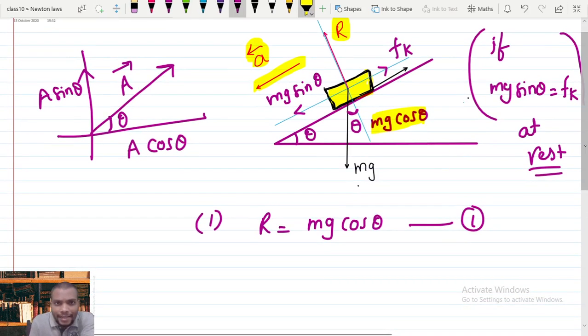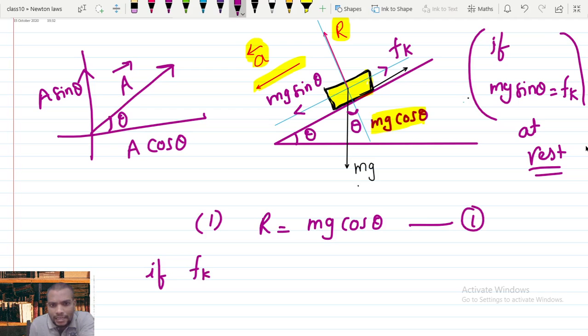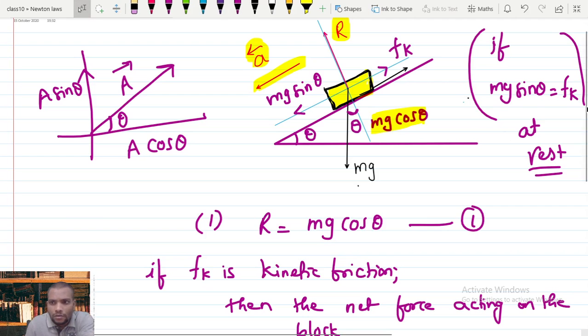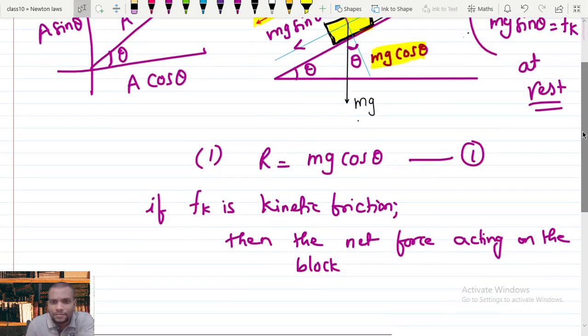If F suffix k is kinetic friction, then the net force acting on the block causes the acceleration.